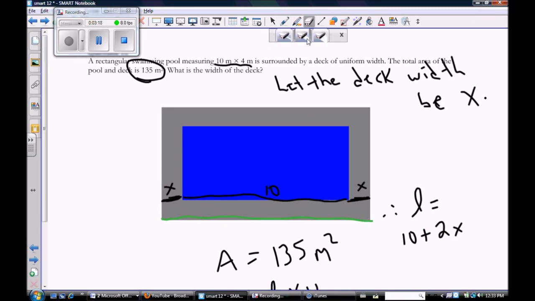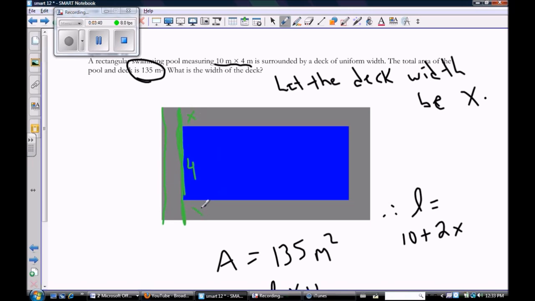So now let's do the width of the rectangle. And again, the width goes from here all the way down to here. So the first chunk is this piece here. That's the pool. And that we know is 4 meters. And then there's this piece more plus this piece more. And again, this piece is the width of the deck.